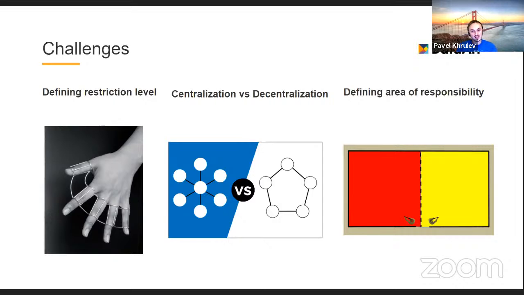And decentralization also has its advantages and disadvantages, because it gives more power to accounts, but it's harder to manage them. But there's no single point of failure. Each account is accountable only for the resources they have in this account.